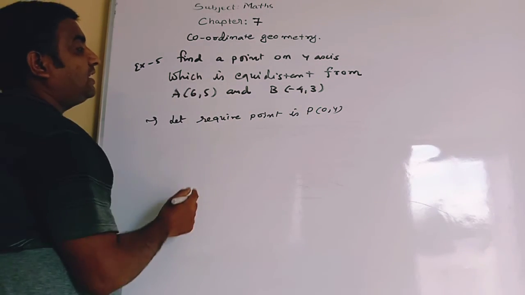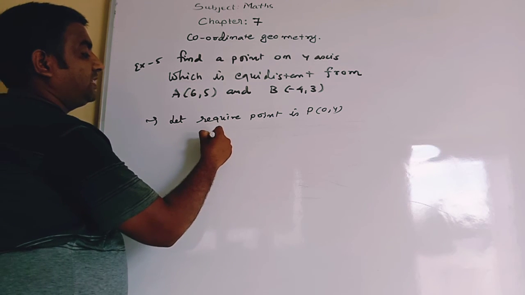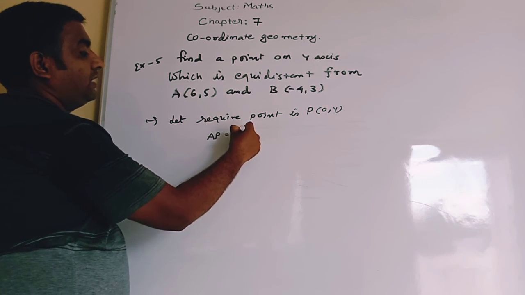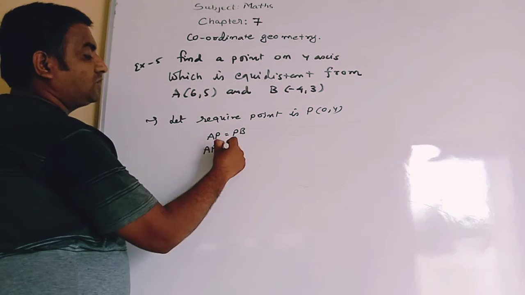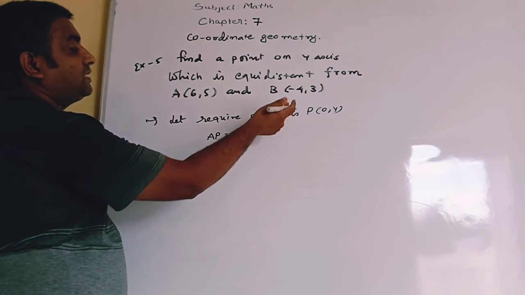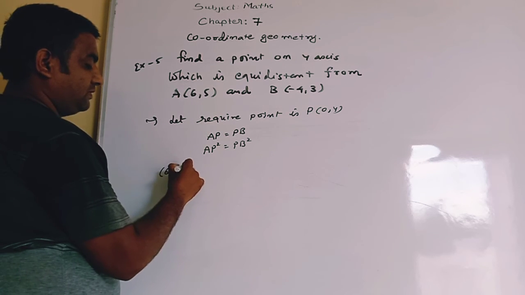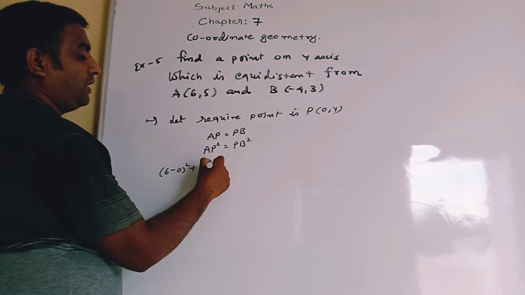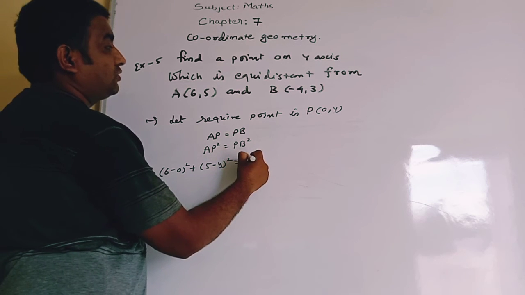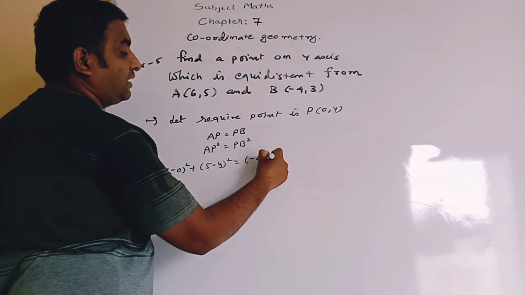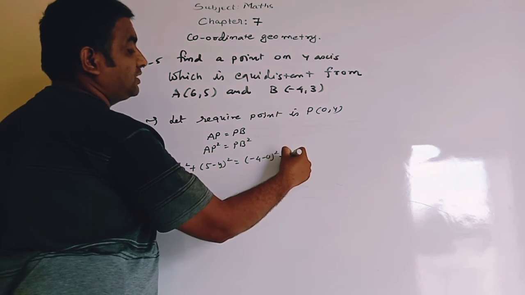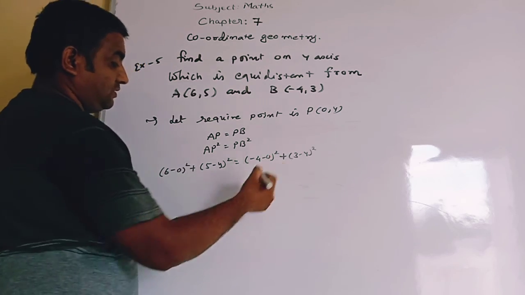Now P is equidistant from A and B, that means AP equals PB, and so AP square equals PB square. So by distance formula we write AP square, then (6 - 0)² plus (5 - y)² is equal to (-4 - 0)² plus (3 - y)².